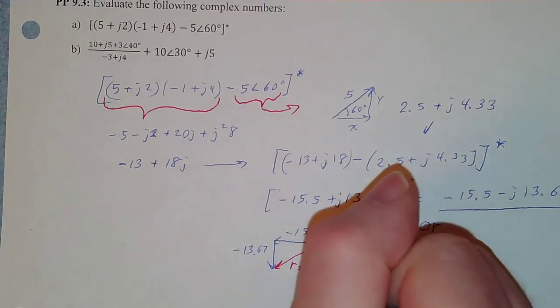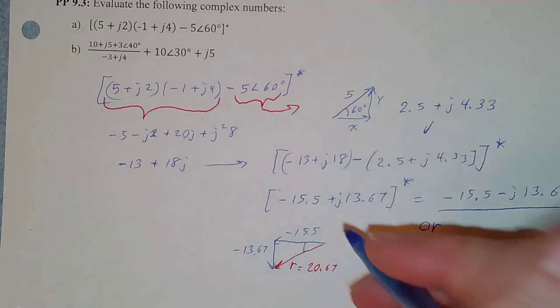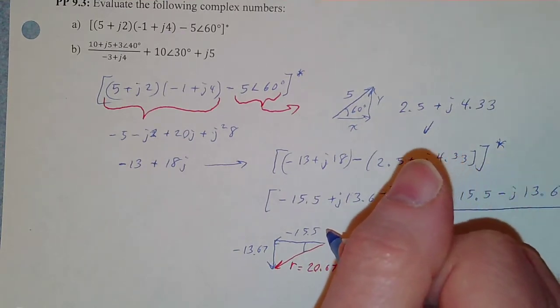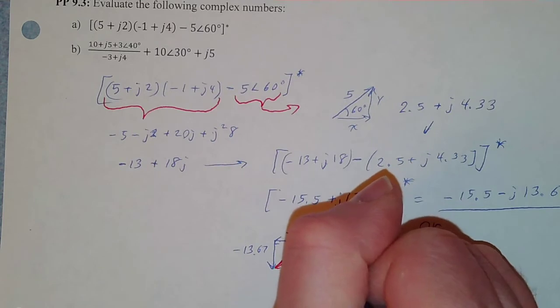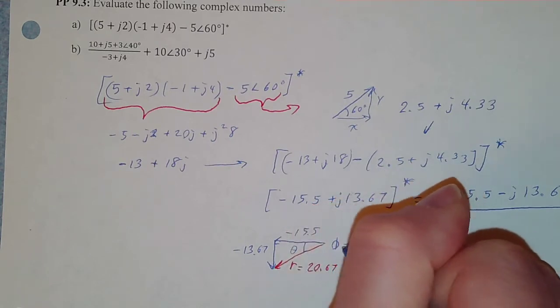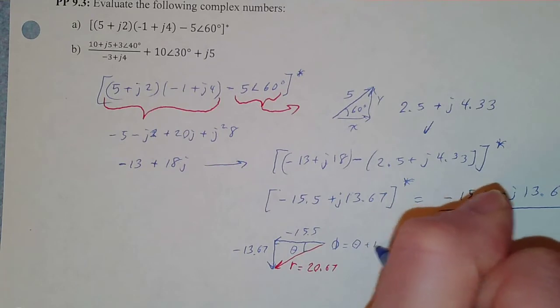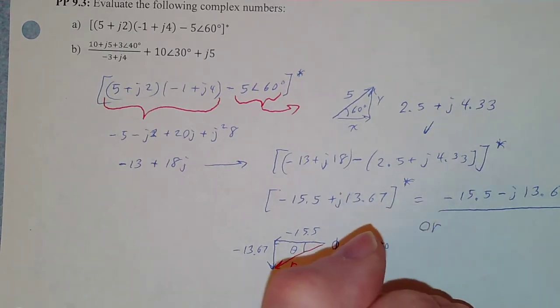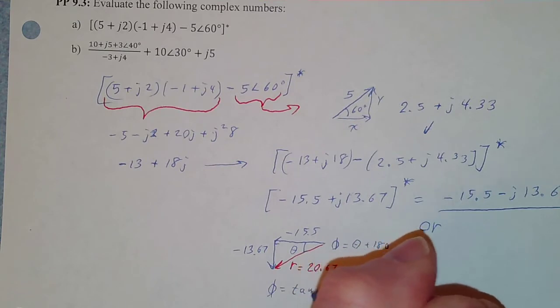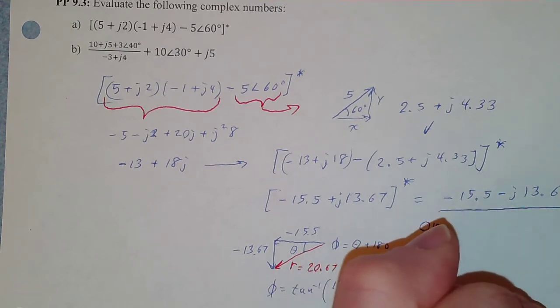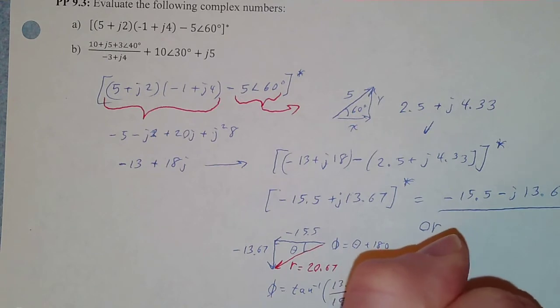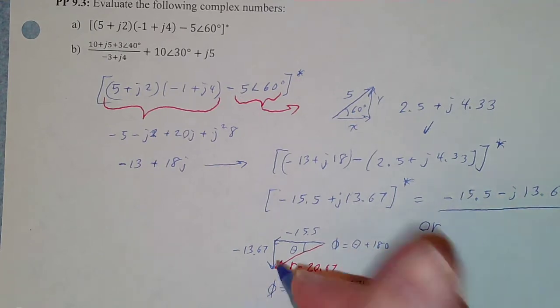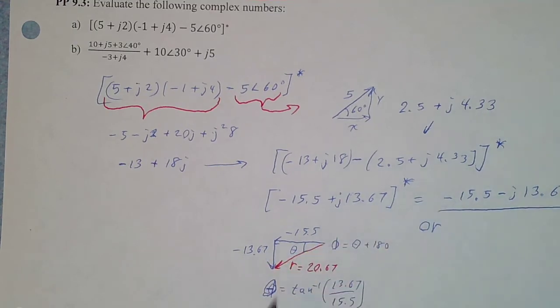And then you have an angle, let's call this theta. And phi is just theta plus 180. So theta is the inverse tangent of 13.67 over 15.5. Oh, sorry, that's not phi, this is theta. That's theta in here. Phi is theta plus 180.